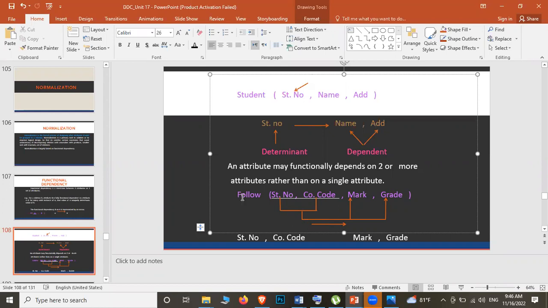Now see, in this entity, Fellow, there are two things: student and course code.